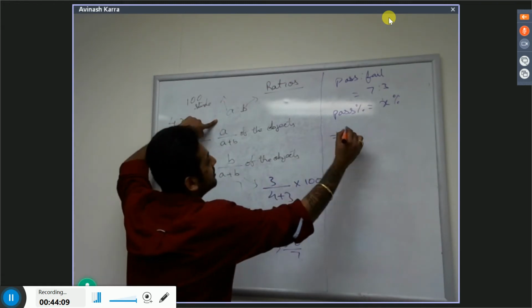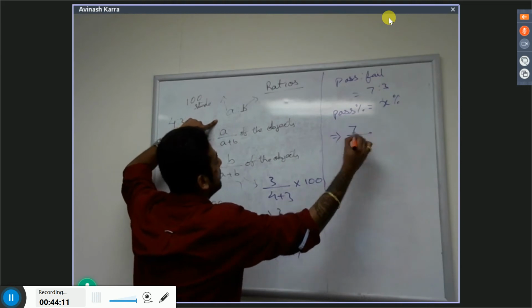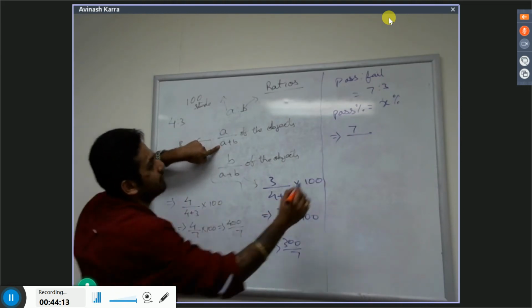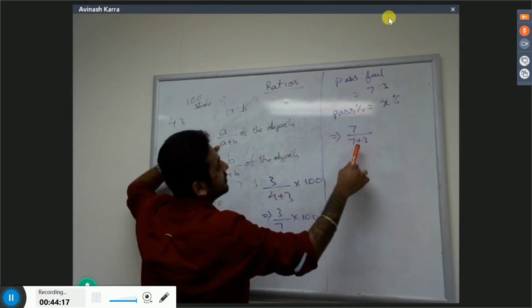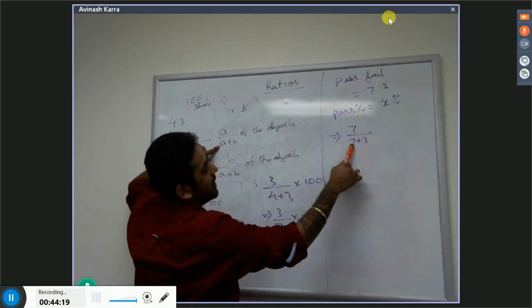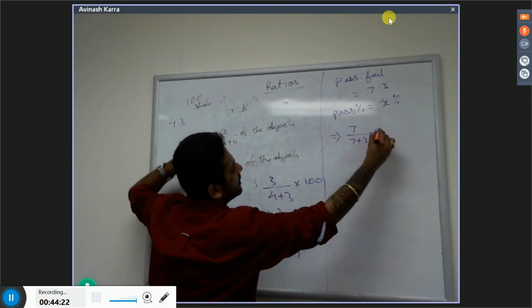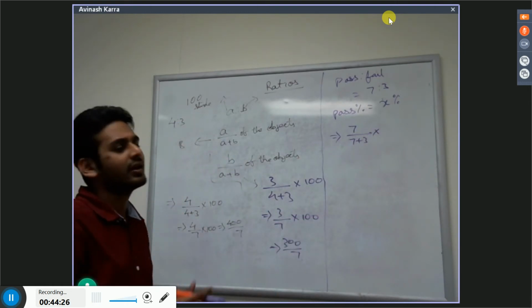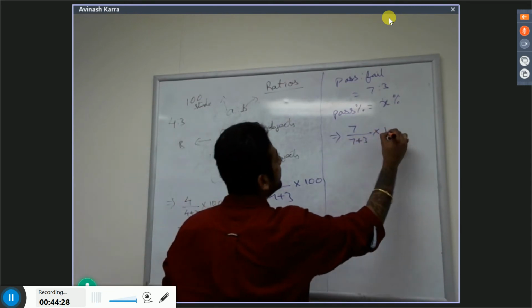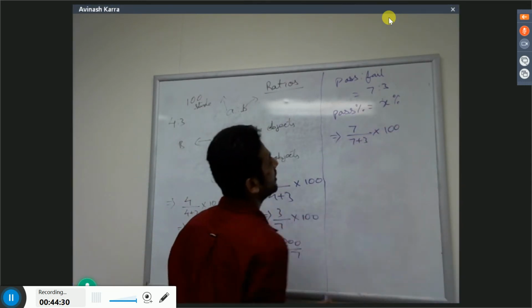What is the pass? 7 by 7 plus 3, that is total, pass plus fail, into how many tests? For example, if you take 100 tests.